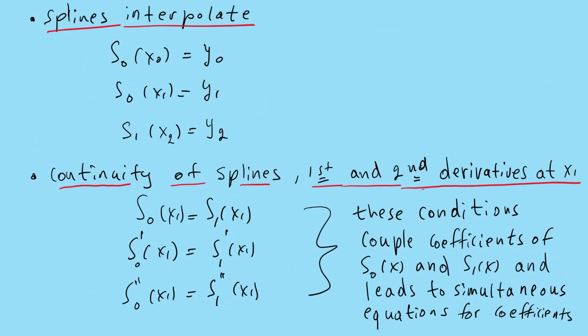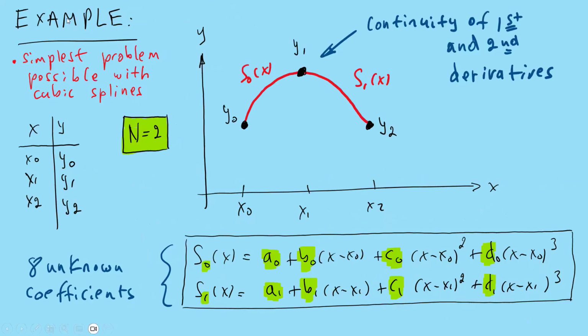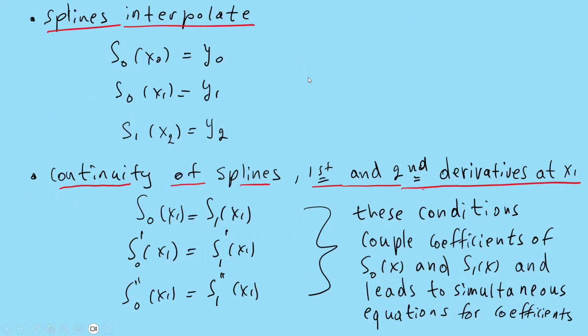First, the spline must pass through the given data points, and this gives us the following conditions. It means we evaluate at x0, x1, and x2 in these equations, and we get the exact value that the data gives. Next, we require the spline to have continuous first and second derivatives at x1, because x1 is a common point between these two polynomial functions.